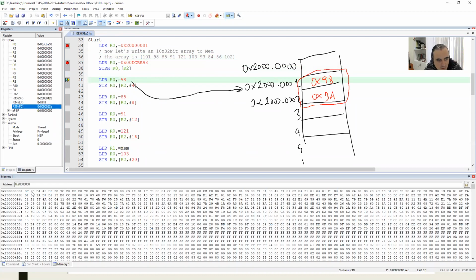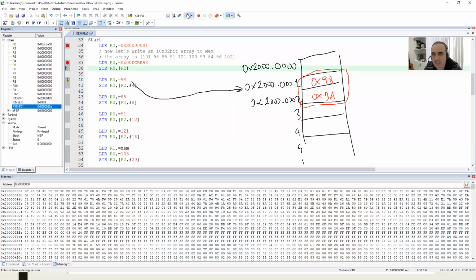As you can see, it only wrote these two. It didn't get the value DC because STRH is a 16-bit operation. STRH will only touch two cells in the memory because that's its definition. If you want to write the entire number to the memory, you have to use STR, not STRH.